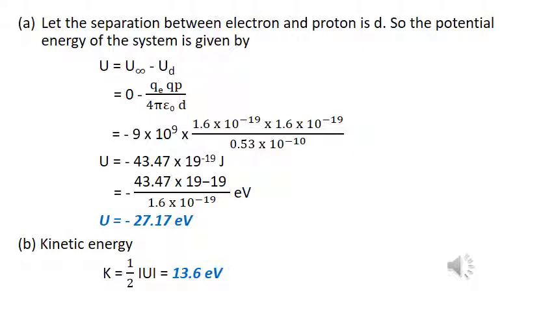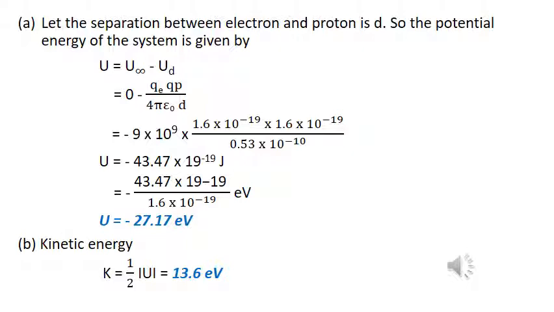We will convert this value in electron volt by dividing the value by 1.6 into 10 to the power minus 19. So U is equal to minus 27.17 electron volt, which is the answer of part A.